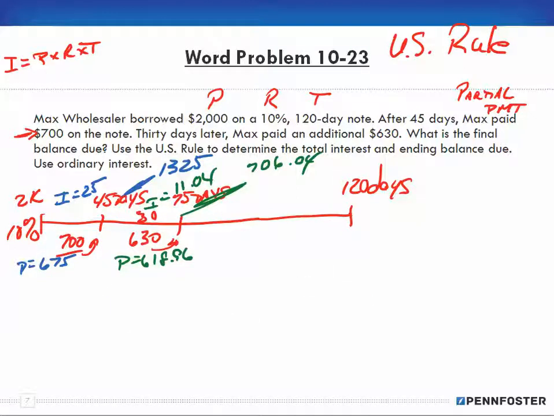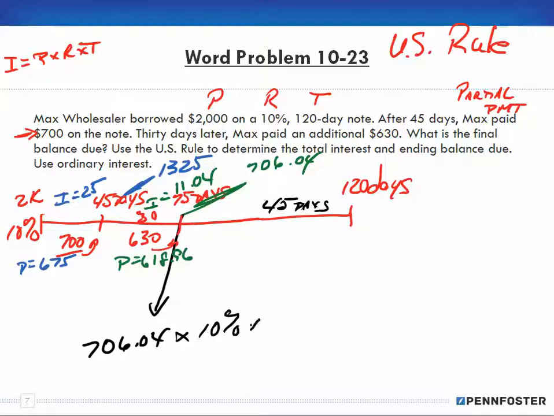Okay, now, and I'll use black, so we're here at 75 days, right? And our principal is $706.04, right? And between 75 days and 120 days is a 45-day period, okay? 75 from 120. So $706.04 times 10% times 45 over 360.